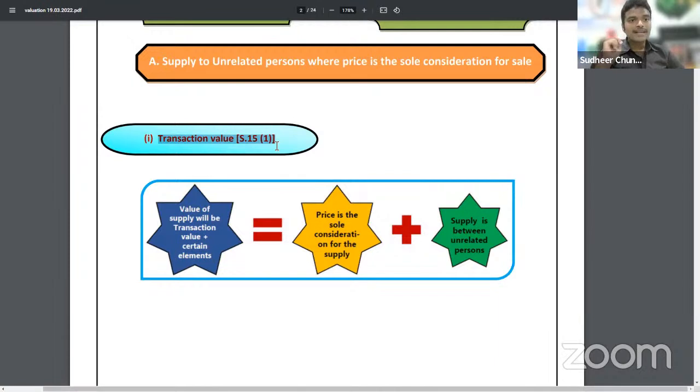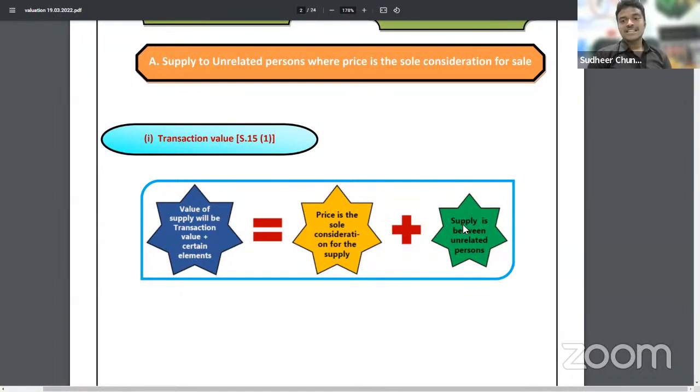But on two important conditions. Generally, the transaction value means nothing but whatever is quoted in the invoice. The price at which the transaction is made is the transaction value. Will GST be levied only on the transaction value? Yes, but section 15 has imposed two conditions here. Condition number 1, price must be the sole consideration.